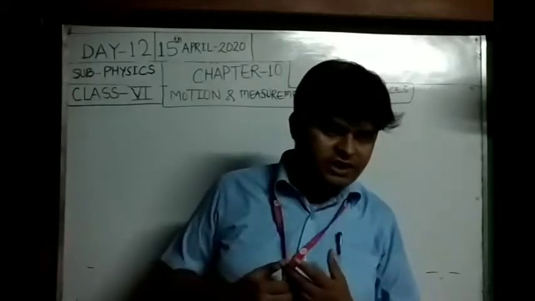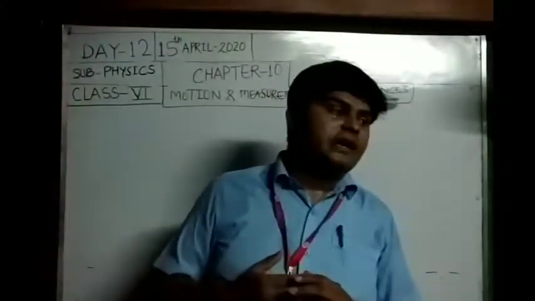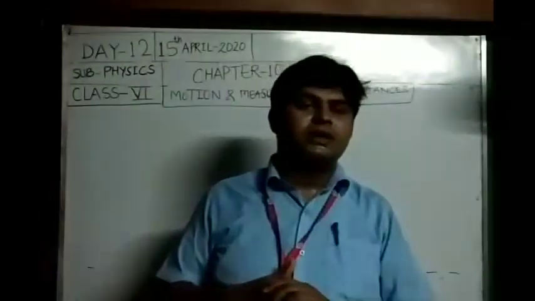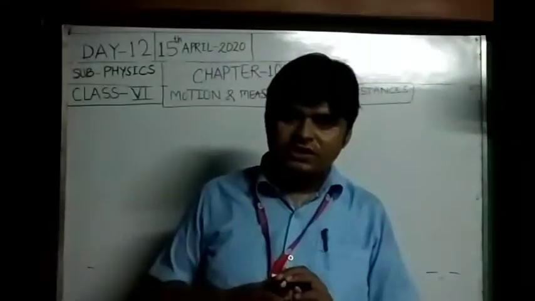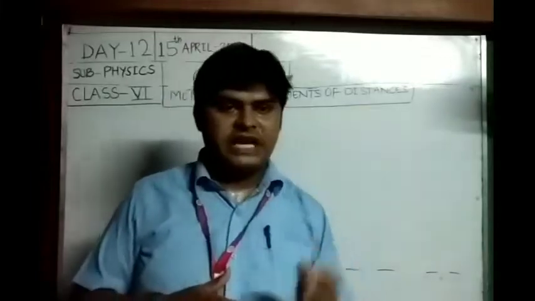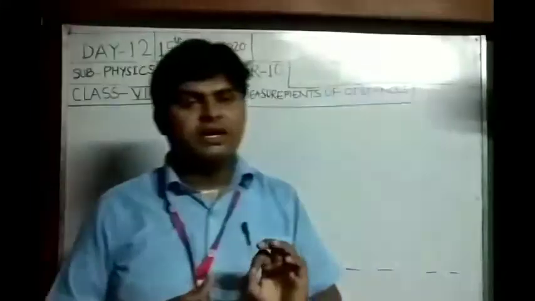How many standard units? 7 standard units. Yes, very good. And what is the full form of SI? International System of Units. And what is it called in French? Système International d'Unités. It is called that in French.